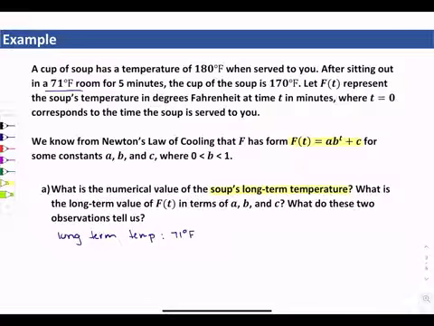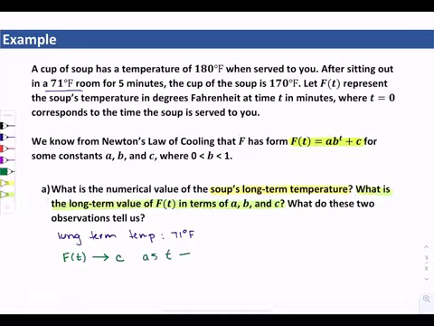Right? And then we're asked, what is the long-term value of f of t? So here we have f of t. What's the long-term value of that? We know from previous knowledge that f of t is going to tend towards the value of c as t increases without bound.